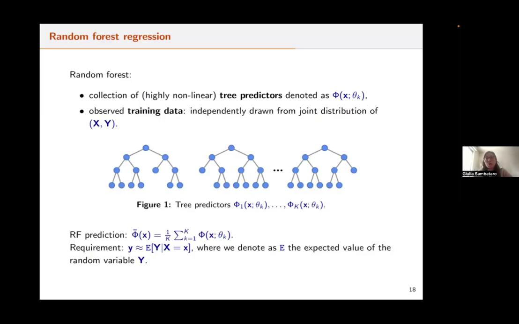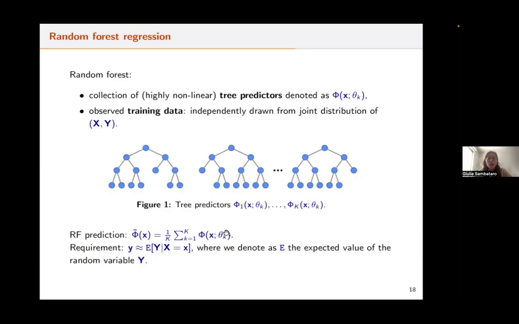You can also think of the hyperparameters of neural networks, for example. And they give us an approximation, a prediction that I call Y, such that the approximation is given by this bar phi, which is a collection of all the predictions, a sort of voting mechanism in which the ensemble prediction takes into account the prediction of all the trees from 1 to big K.